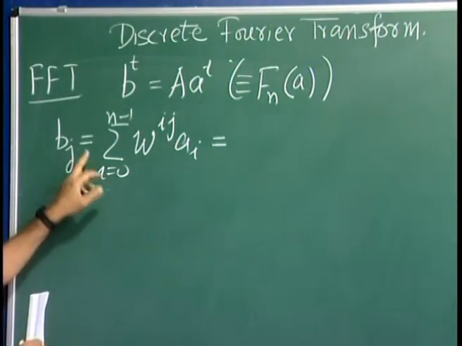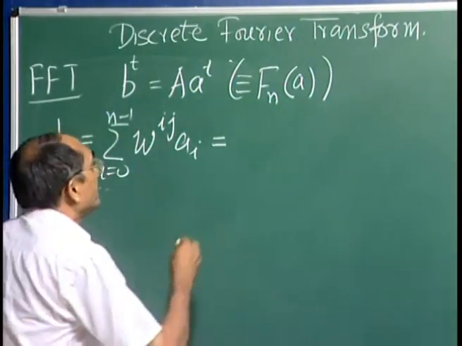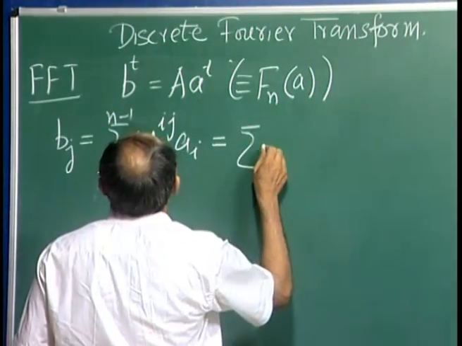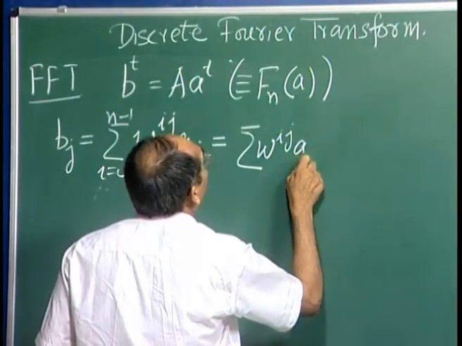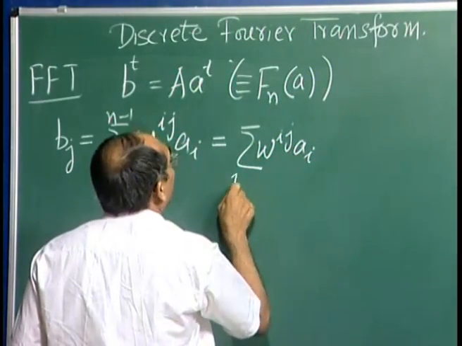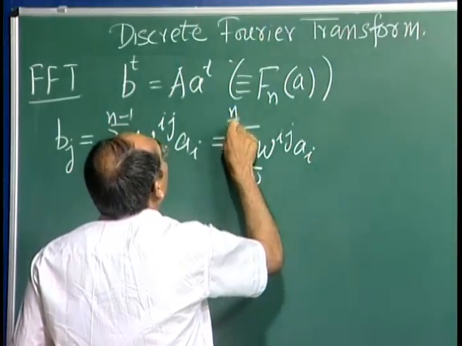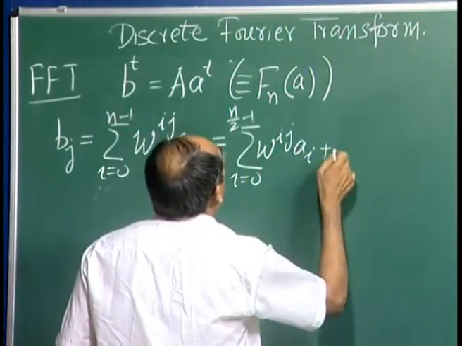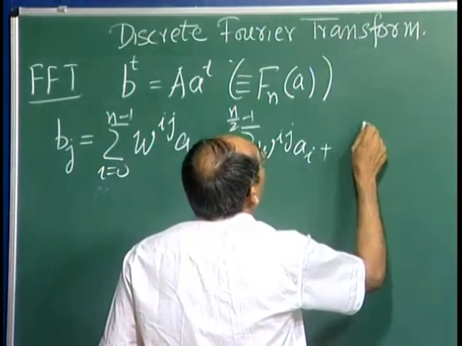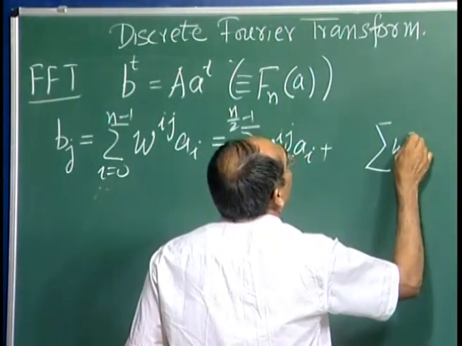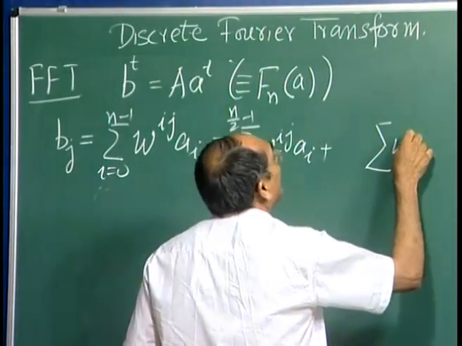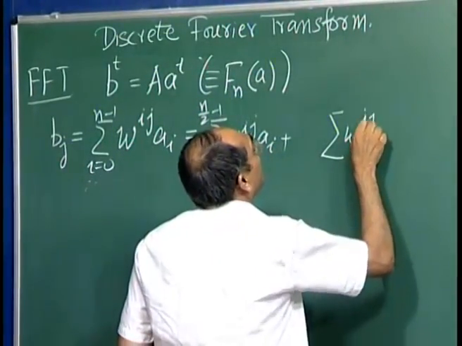I will take i from 0 to n by 2 minus 1, so this is w^(ij) a_i, plus the sum of w^(ij) a_i over the second half.